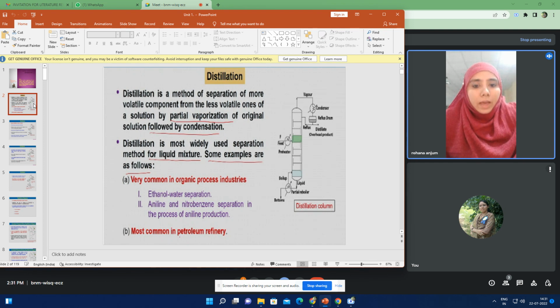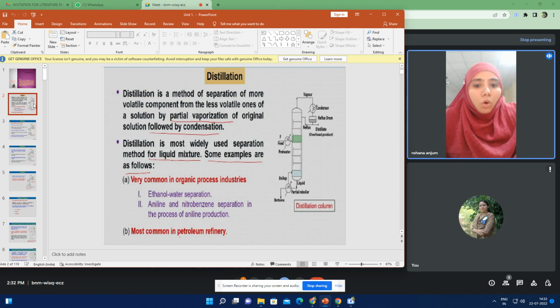Some of the examples, very common in organic process industries, are ethanol-water separation, where we use a distillation column, and another one is aniline and nitrobenzene separation in the process of aniline production. For this production, we need to add nitrobenzene, and we have to separate the byproduct, and it will be done by distillation.